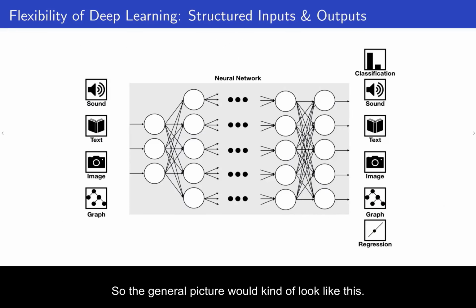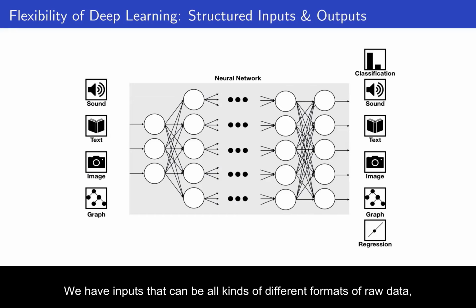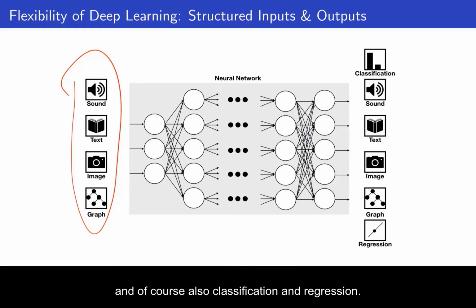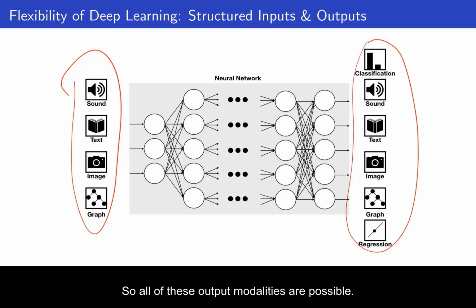So the general picture would kind of look like this. We have inputs that can be all kinds of different formats of raw data, and the outputs could also be raw data or structured data as well: sound and text and images and so on. And of course, also classification and regression. So all of these output modalities are possible.